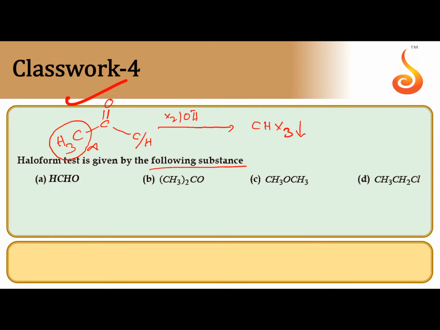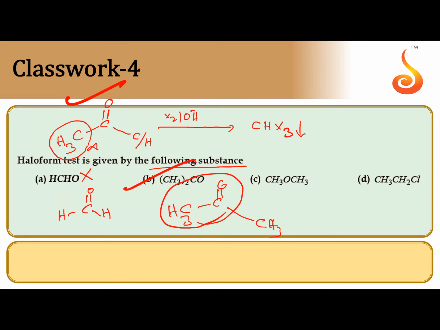So you have to remember the CH3CO group. Among these, check which one has CH3CO. Formaldehyde is not giving. Next one, CH3COCH3. Since alpha CH3 is there, it gives the haloform test. C is an ether, D is ethyl chloride, it won't give.